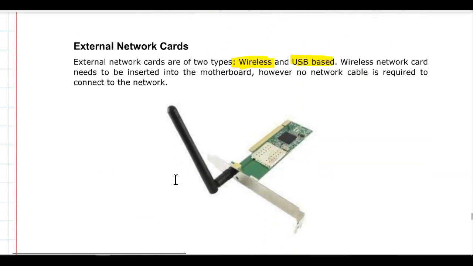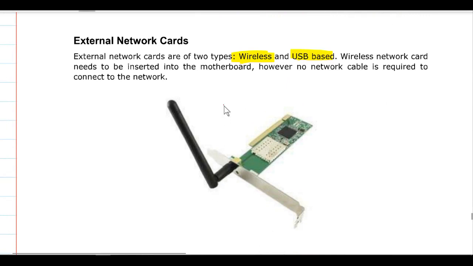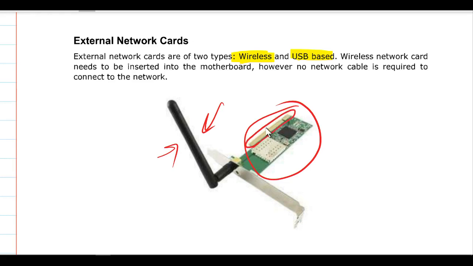It also performs the same role, but this time it might be wireless. This is now the network interface card, and of course this is the antenna that allows you to connect wirelessly with the network card. This section is plugged to the motherboard, so that it allows the PC to communicate wirelessly with other devices.